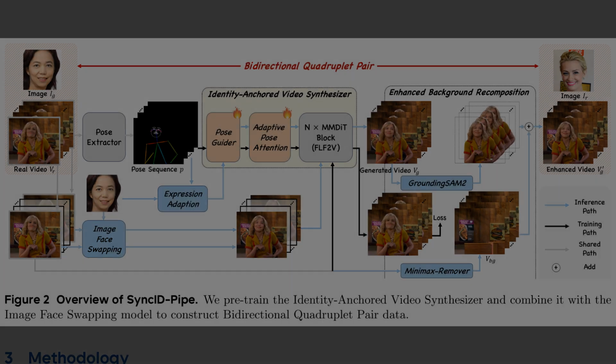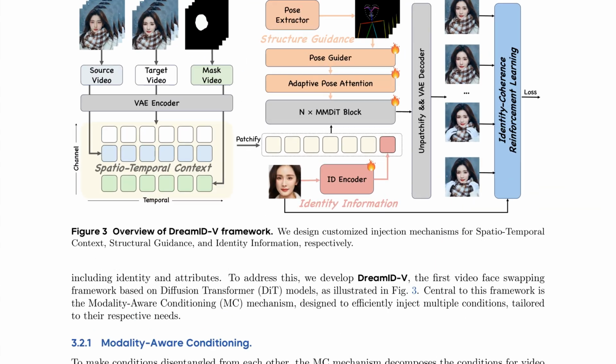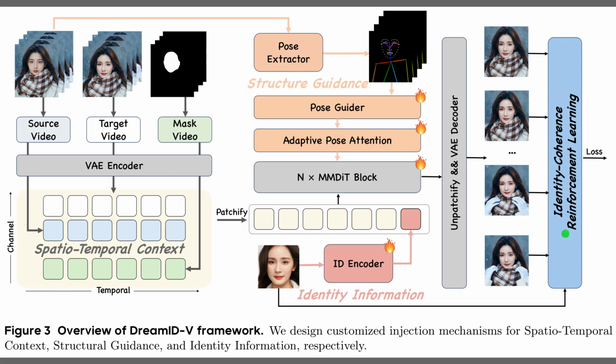Moving from data generation to the actual model architecture, Figure 3 presents the DreamID-V framework itself. It relies on a modality-aware conditioning mechanism that splits the input into 3 distinct streams to efficiently manage different video attributes. On the left, the spatiotemporal context module processes the target video and masks to preserve the background and lighting.